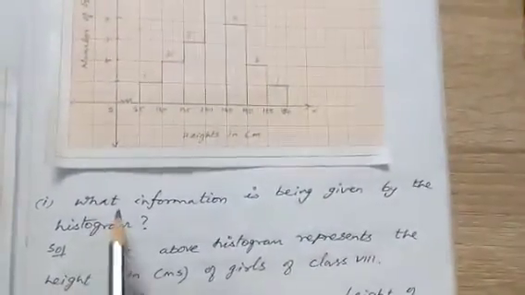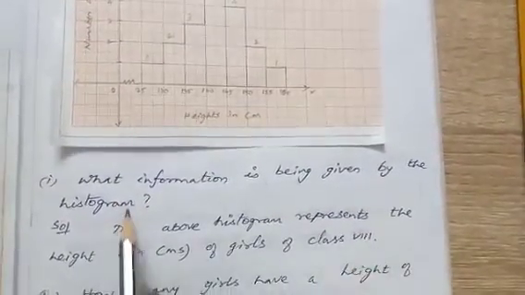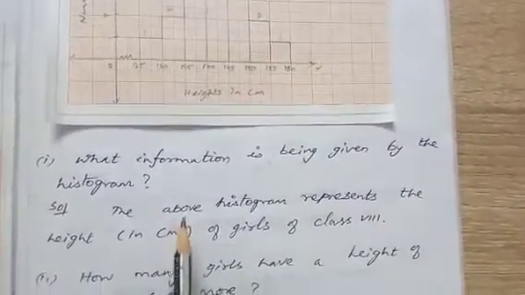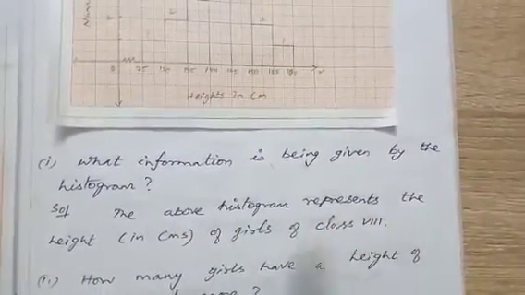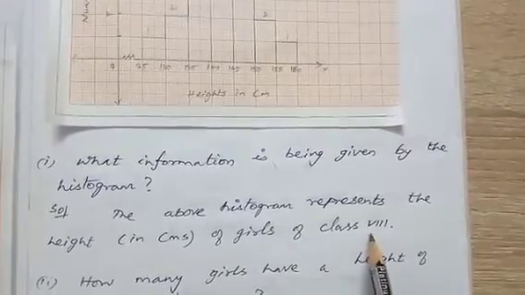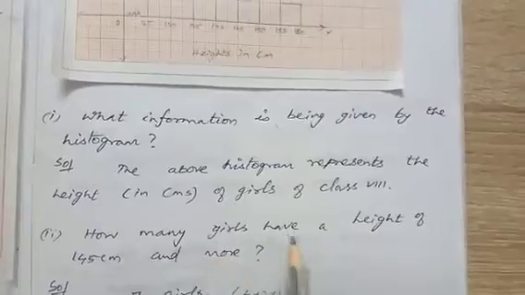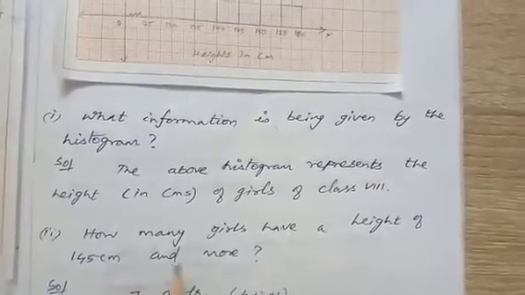Here a few questions are given. The first question: what information is being given by the histogram? The above histogram represents the heights of girls of class 8. The second question: how many girls have a height of 145 centimeters and more?